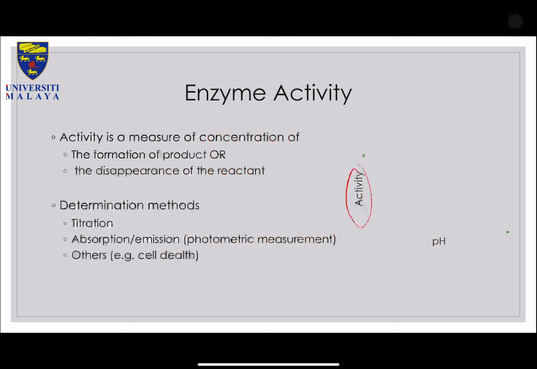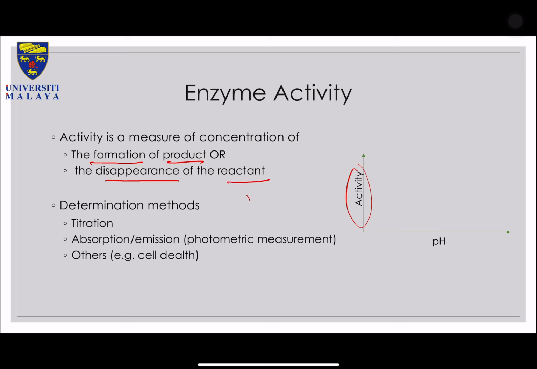Even though we are measuring the activity of the enzyme, the value is a measure of concentration of either the formation of a product or the disappearance of a reactant.